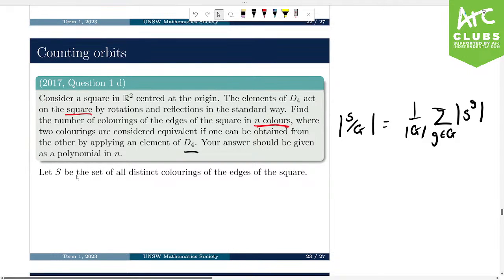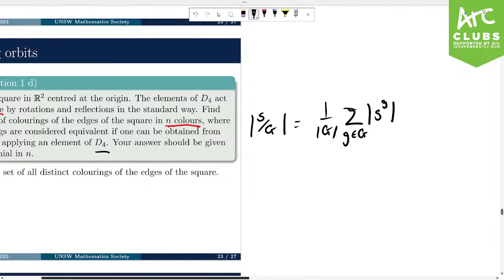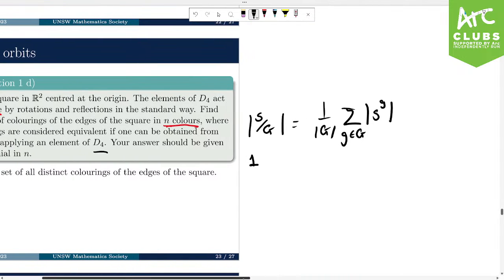So we can start by listing out everything in D4. There's the identity. Actually, I'll do it on the side because I will need some more space. We have the identity, rotation by 90 degrees, which we call rho, rotation by 180 degrees, rho squared, and rho cubed, or rho inverse, for rotation by 90 degrees the other way.